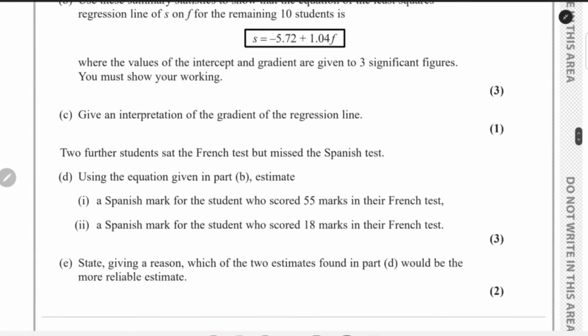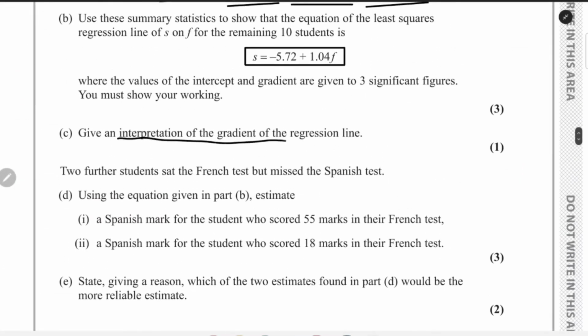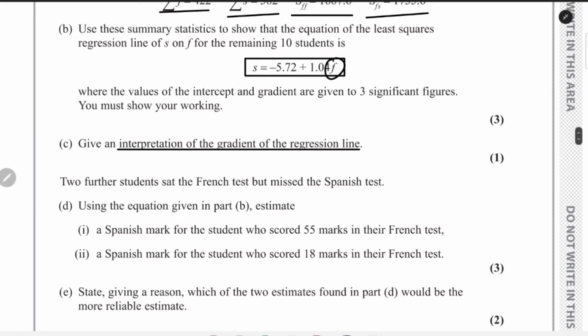Now to part C, we have to give an interpretation of the gradient. So if the marks in French increase by 1, the marks in Spanish should increase by 1.04.